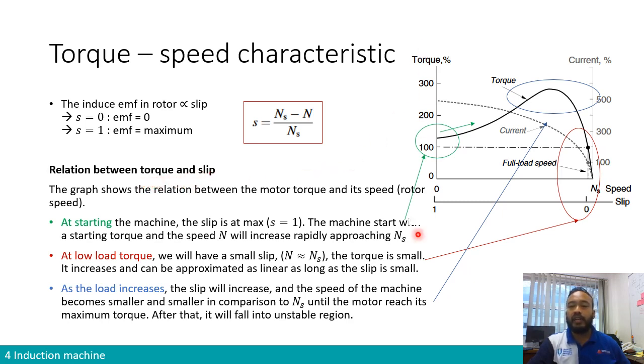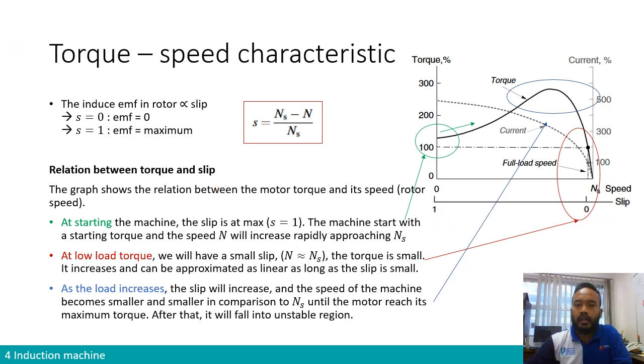So the graph over here shows, in the x-axis, two things. The first one on top is the speed, the synchronous speed, and at the bottom it also shows the slip. This is quite usual for graphs of induction machines, to show both the speed and the slip.